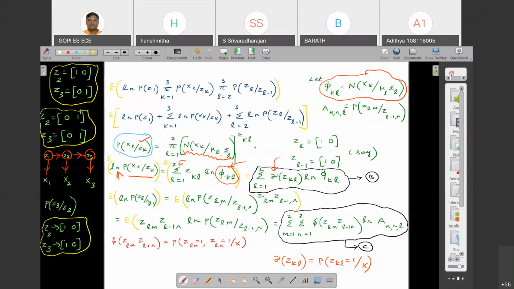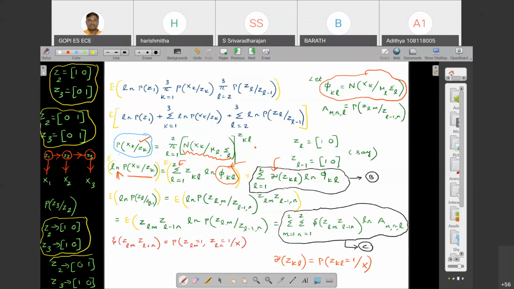And then finally you can think of having Z2 as 0, 1 and Z3 as 0, 1, right? These are the four combinations you are having, right?